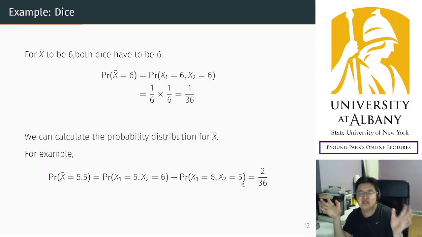So out of 36 possible cases, two of them satisfy this event. Therefore, the probability is 2 over 36. In this way, you can calculate the probability for any possible outcome.